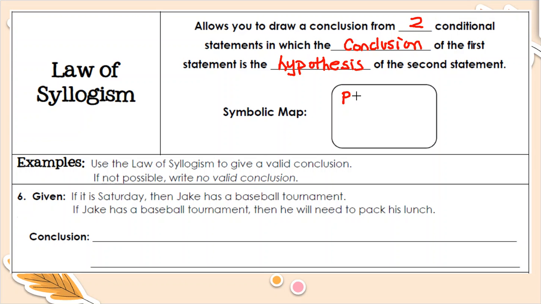So I start with an if P then Q, and then my next statement, as opposed to being a single P, is another conditional.